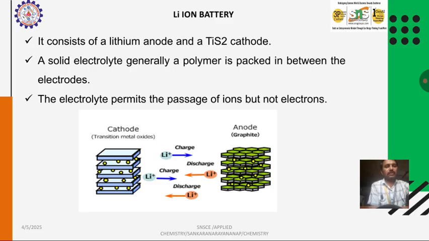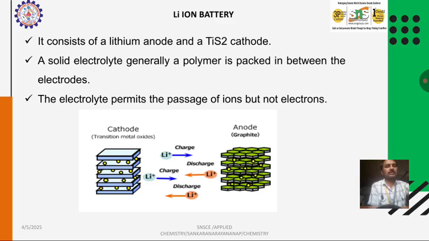During charging, the lithium ions go from cathode to anode. During discharging, the lithium ions move from anode to cathode. Generally we speak about electron transfer, but here the ion moves. That is the main thing.